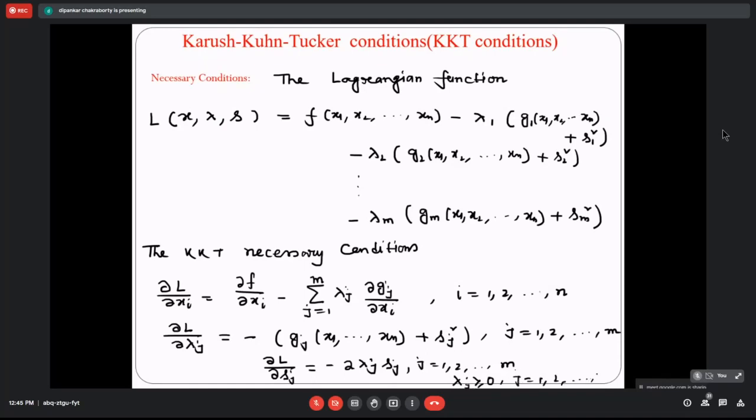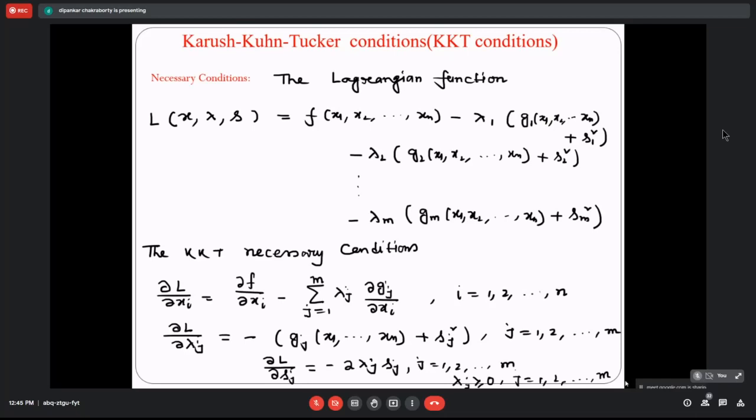Actually, why it is required here? Anyone? Why this lambda j is greater than equal to 0 for this inequality constant problem? Why this lambda j should be restricted? Either positive or negative, that does not matter.